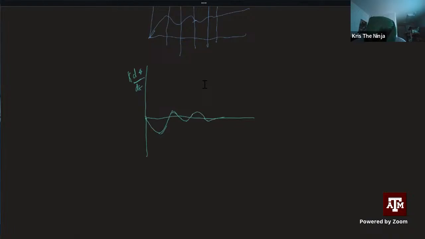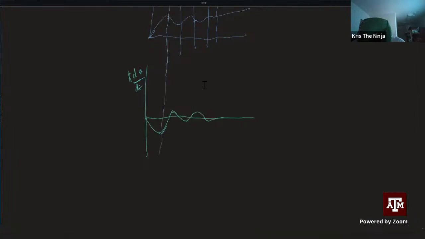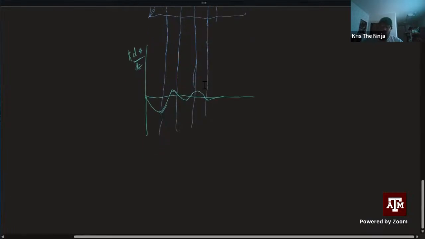And that should line up right along where these peaks are. So that's PID controllers, how their graphs look.